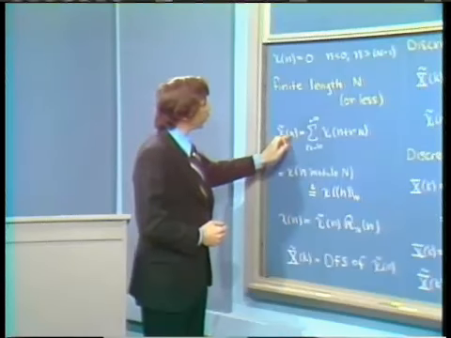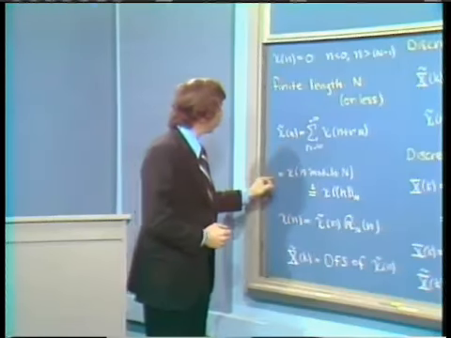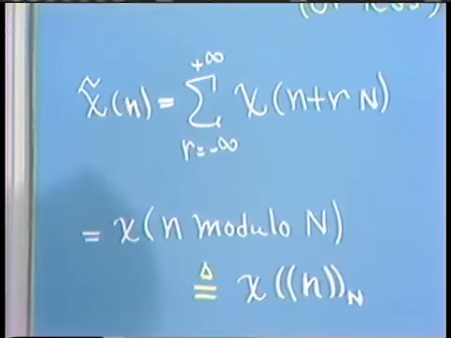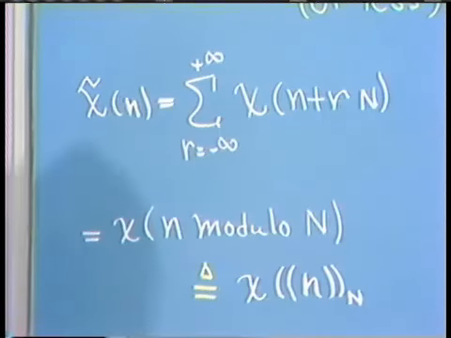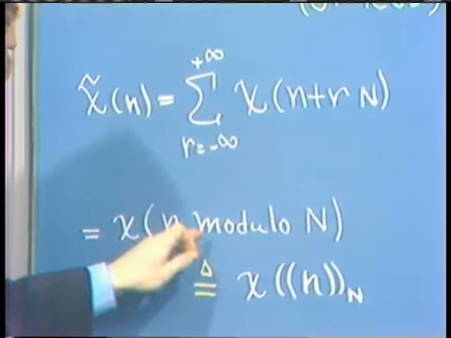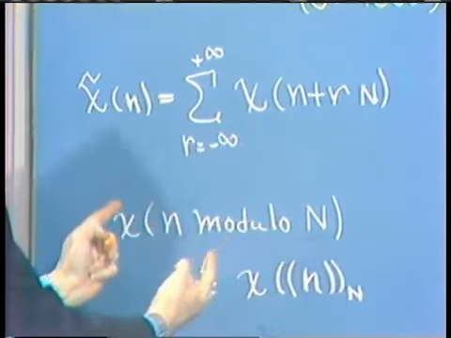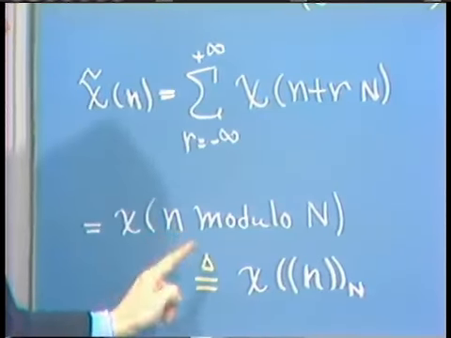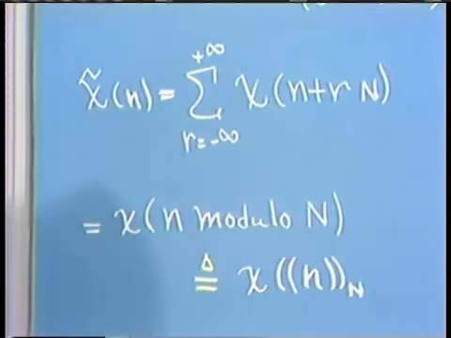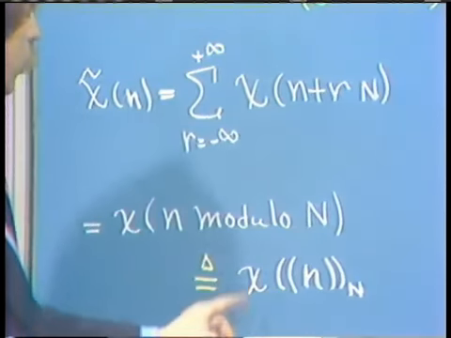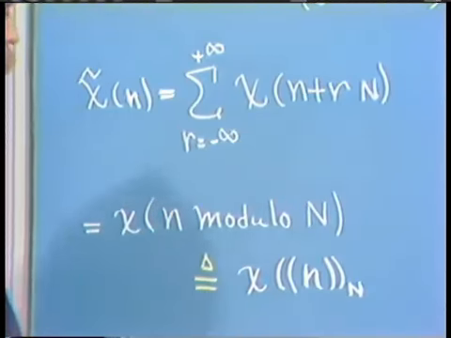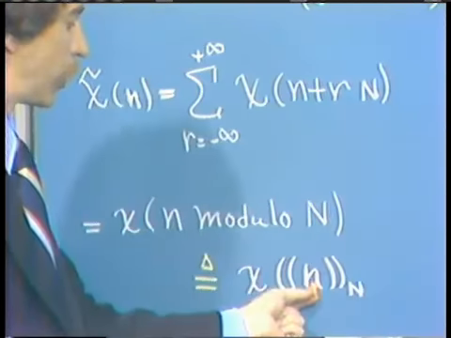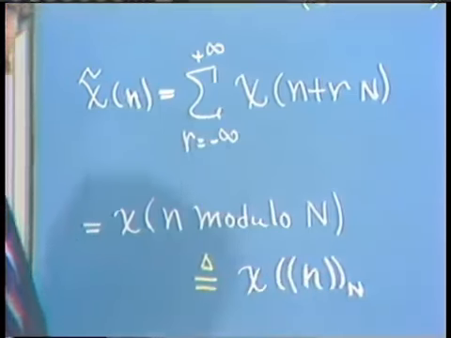In particular, we can rewrite this as the periodic sequence, x tilde of n, equal to x of n modulo capital N. In other words, the argument of x of n is little n taken modulo capital N. Another way of writing that notationally, which is convenient, is just to express that as a double parentheses with a subscript capital N, so that this means x of n, the argument n, taken modulo capital N.